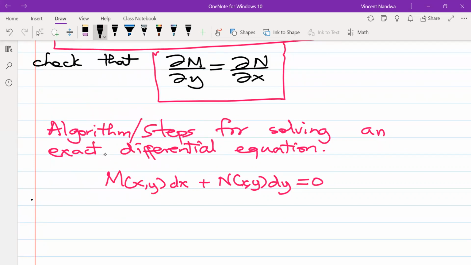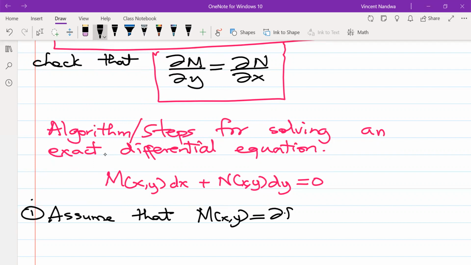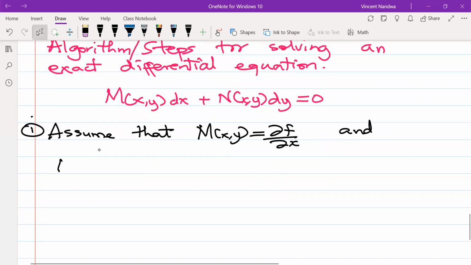So the first step, we assume that M is the same as partial f partial x, and N is partial f partial y.